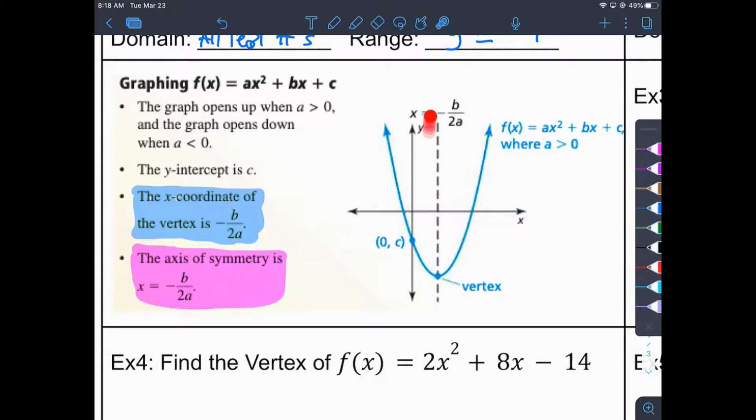So yes, the x-coordinate and the axis of symmetry will be the same. So we need to be able to identify the B value and the A value, and then we can find the x-coordinate of the vertex.